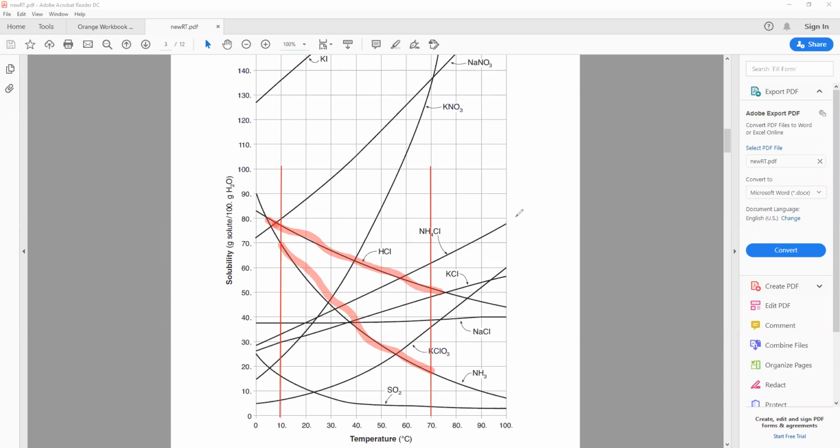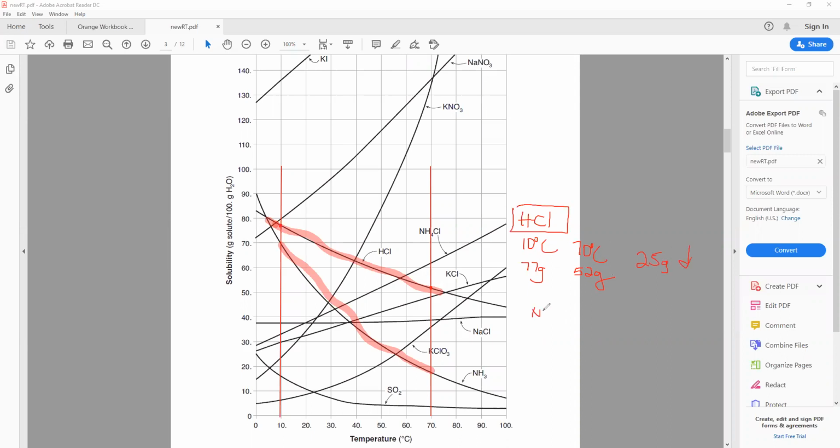For HCl, at 10 degrees Celsius, it is approximately, I don't know, 77 grams. And at 70 degrees Celsius, the HCl is approximately 52. So 77 minus 52, we get a 25 gram decrease.